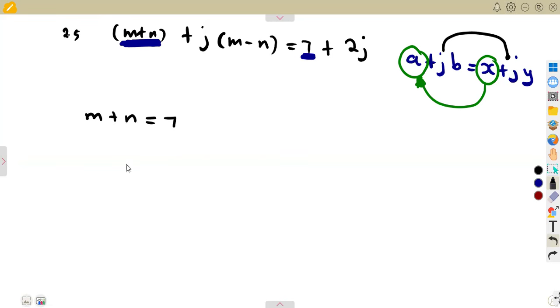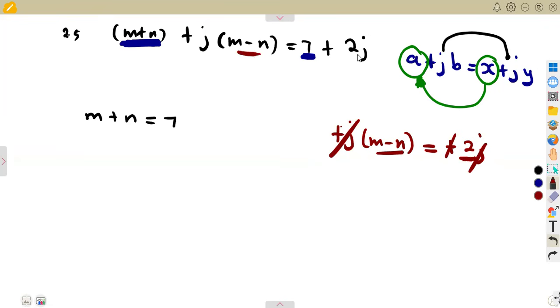You take the part of j: the part with the j, that is plus j into m minus n, is equal to the part of j here, which is plus 2j. As you can see, guys, the plus j is the same, so it simply means m minus n is equal to 2.